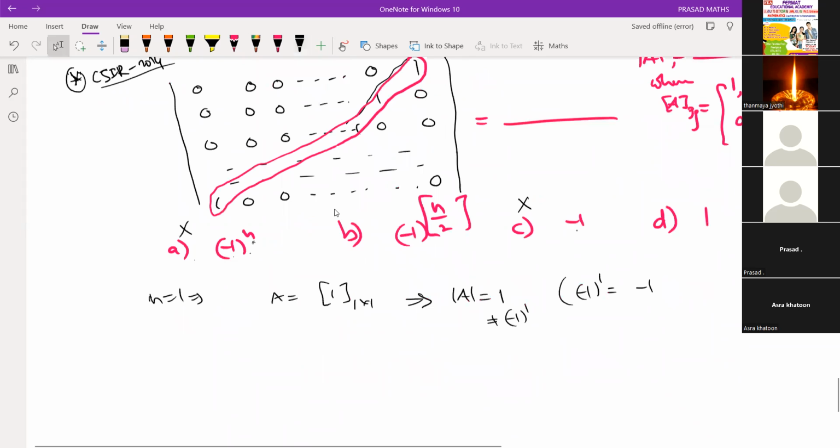Anti-diagonal elements are 1, 1. Remaining entries are 0. What is det A? 0 minus 1, that means minus 1. Therefore, this is discarded because it is the constant function det A equals to 1. But what you are getting here is minus 1. But what is option D? Plus 1. So option D is discarded.